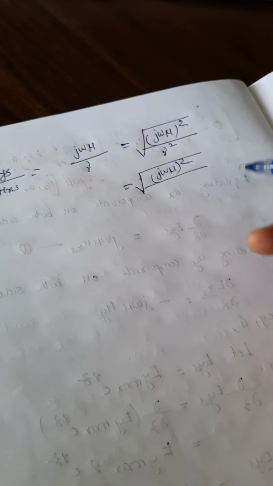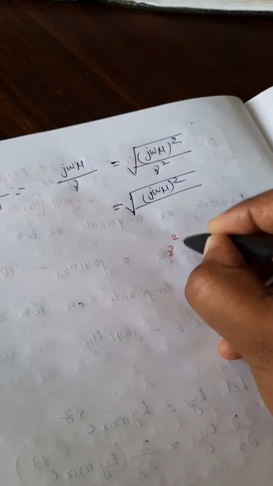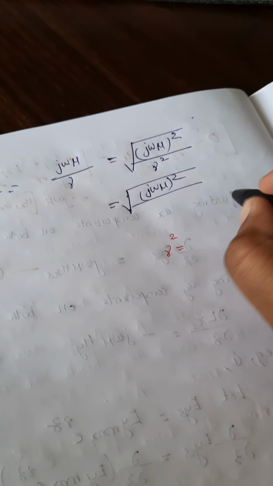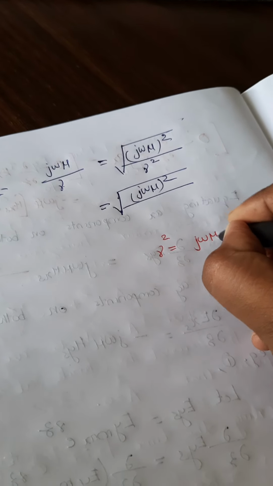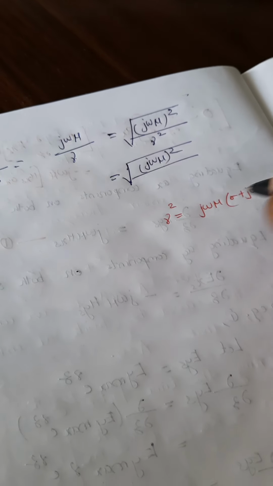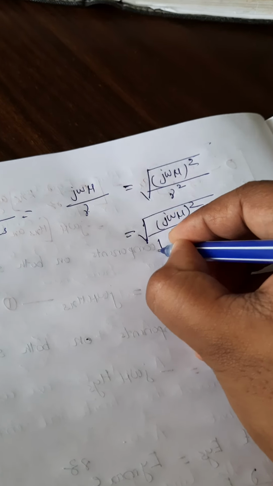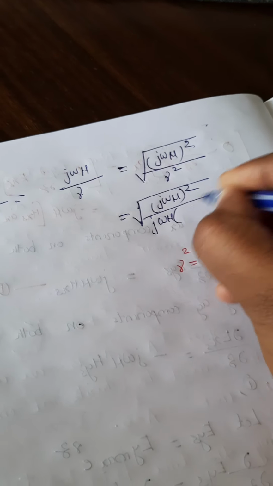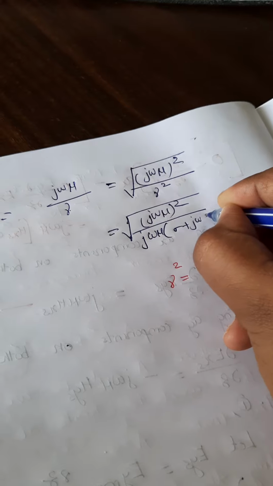And we already know what gamma square, the propagation constant, is, which we already derived: j omega mu into sigma plus j omega epsilon. So we write the value of gamma square here as j omega mu into sigma plus j omega epsilon.